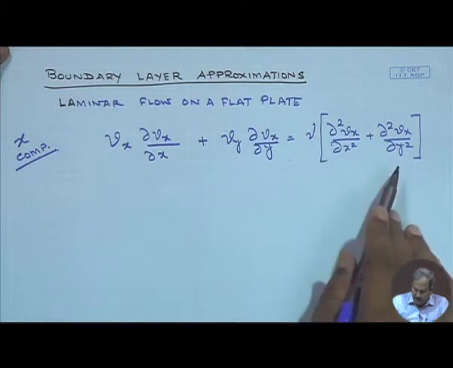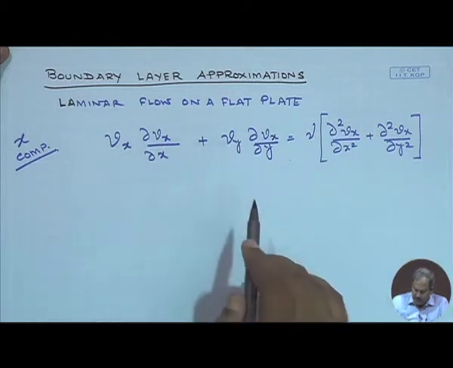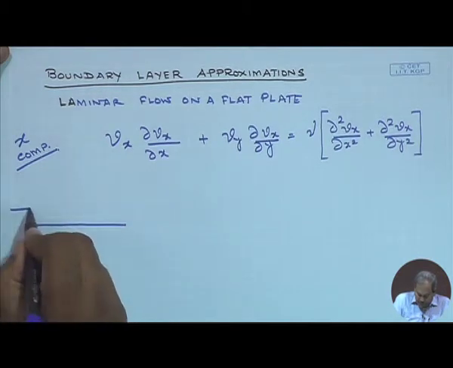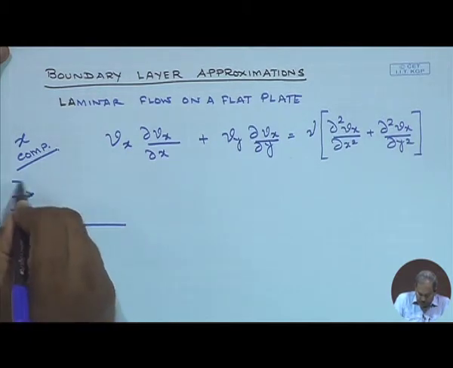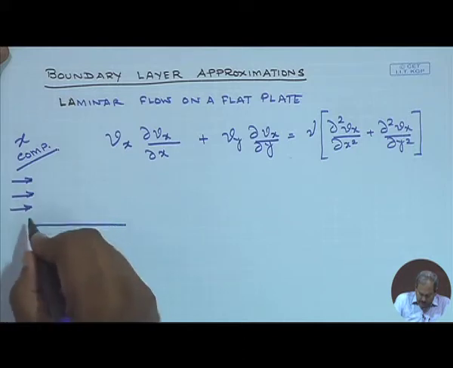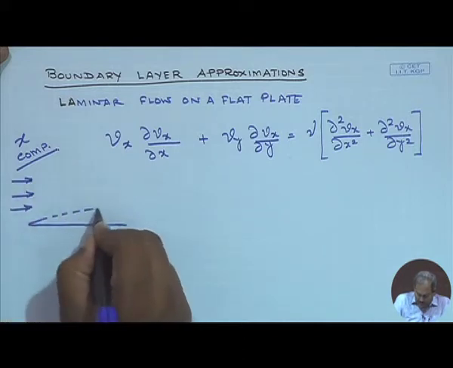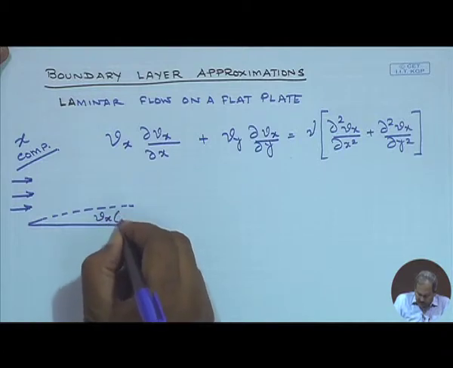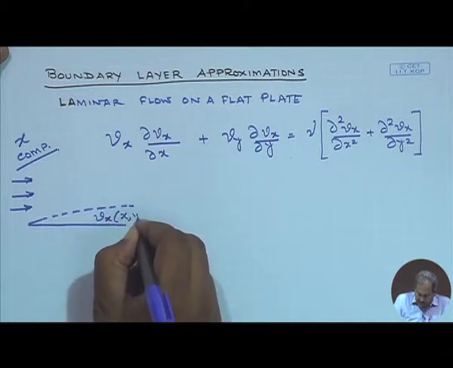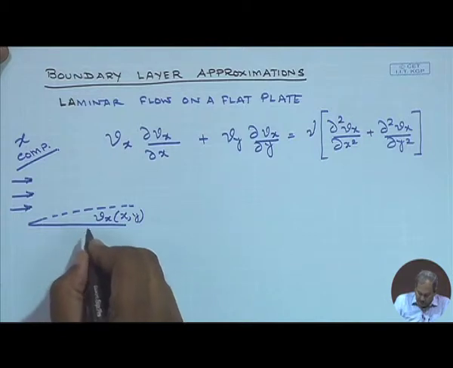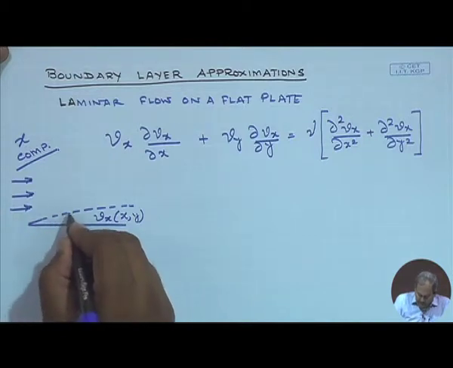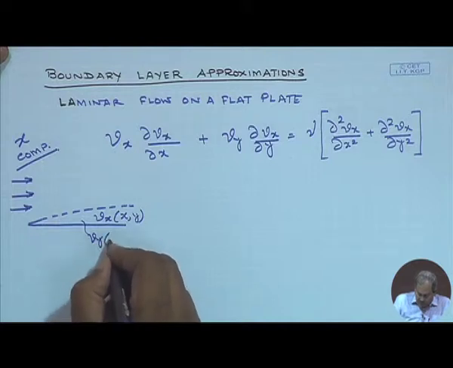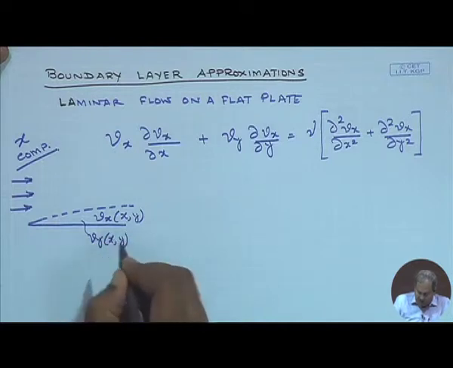Now, we are going to make a quick mental calculation of the significance of each of these terms. We are talking about a flow with a boundary layer, where Vx is a function of both x and y, and for this boundary layer to grow I also have a Vy, which could also be a function of both x and y.